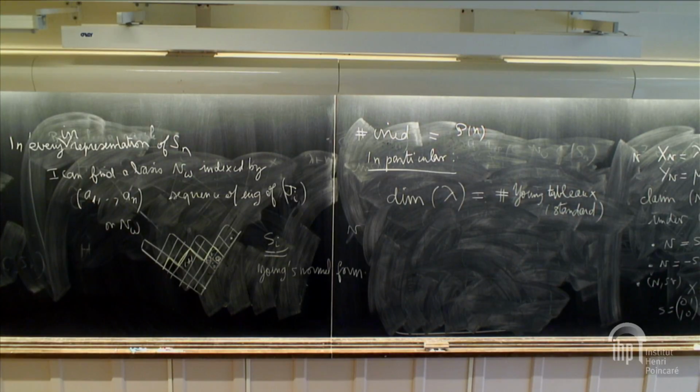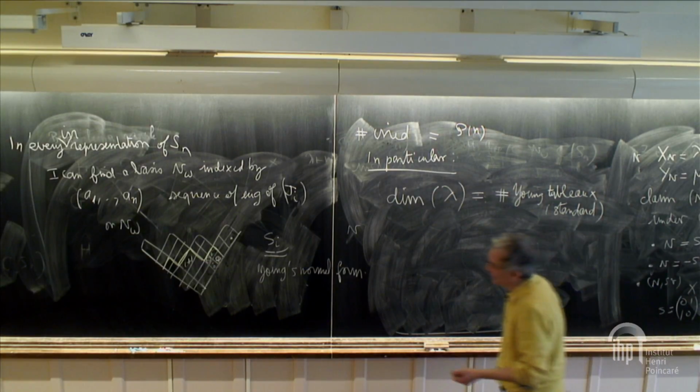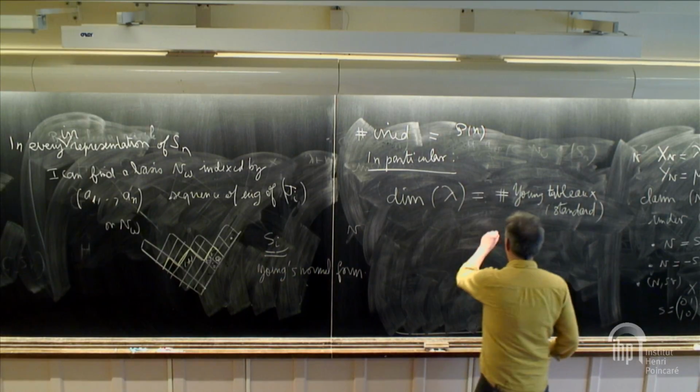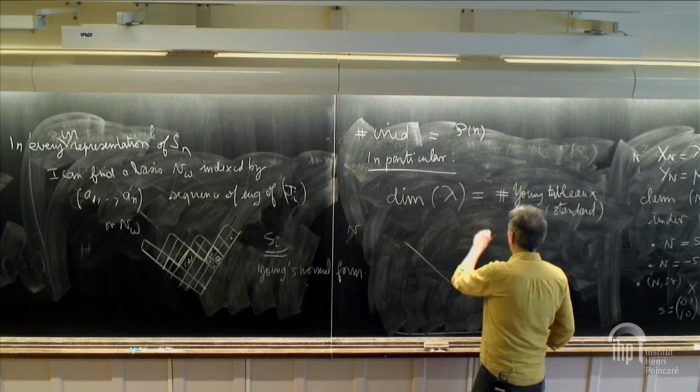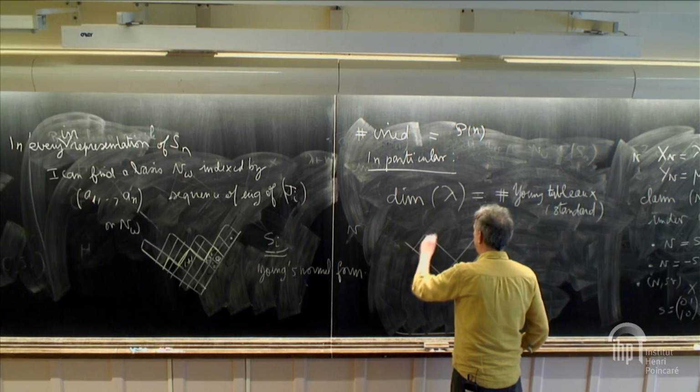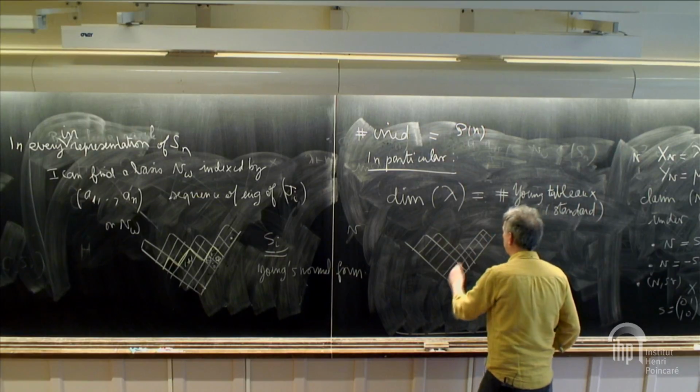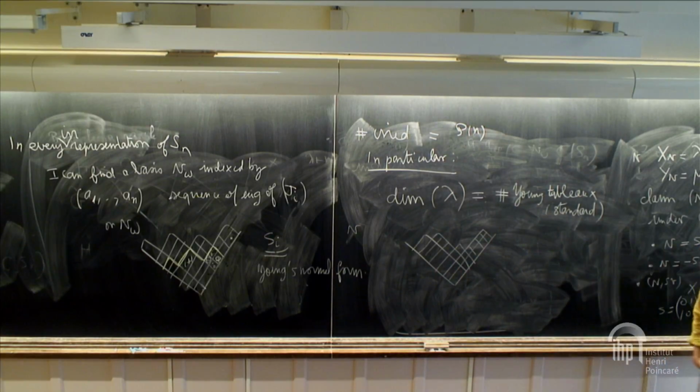when you restrict your representation from Sn to Sn minus 1, you see what happens if you have a partition. Suppose you have a partition like that.